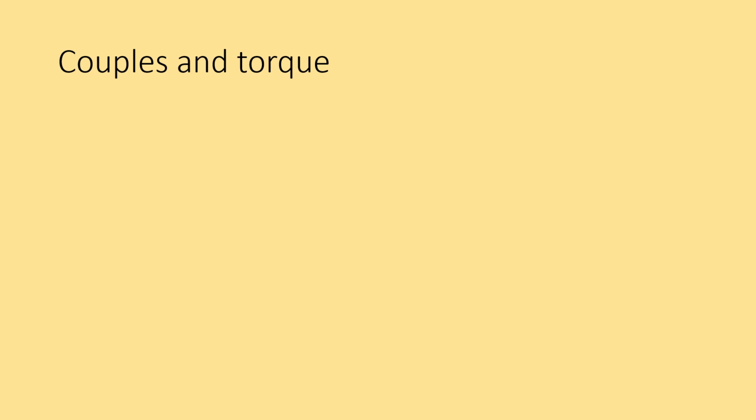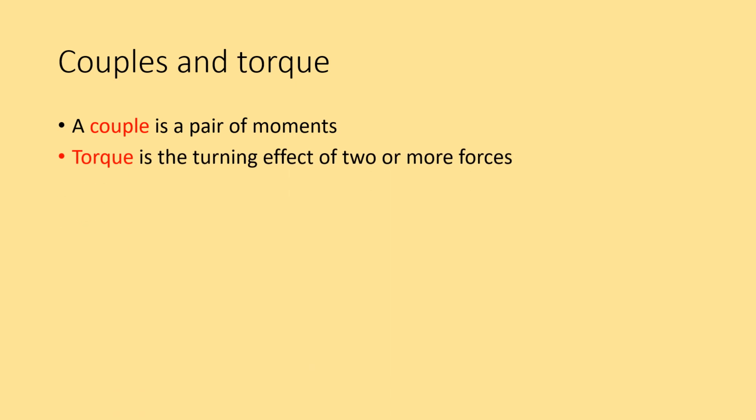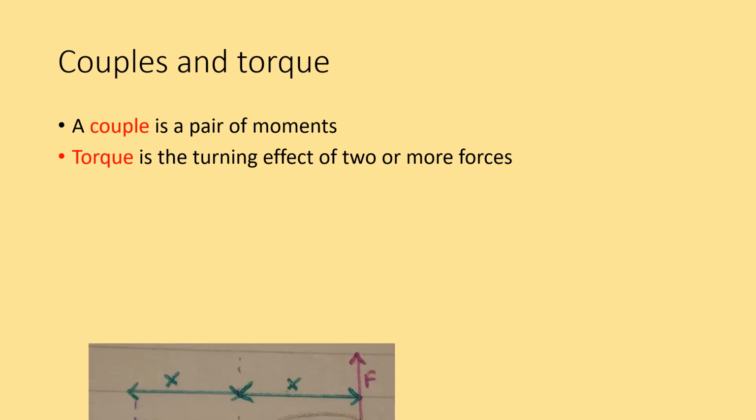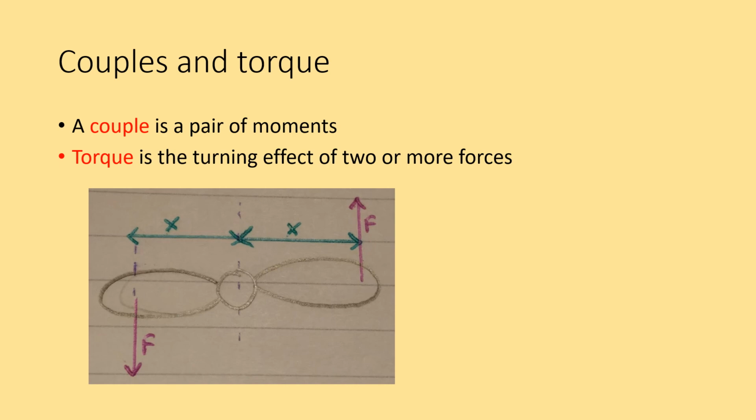Okay, let's have a very quick look then at couples and torque. A couple is a pair of moments normally acting in opposite directions. Torque is the turning effect of the two or more forces. So when you have a couple working in opposite directions, you will have a turning force. Let's look at this airplane propeller as an example.